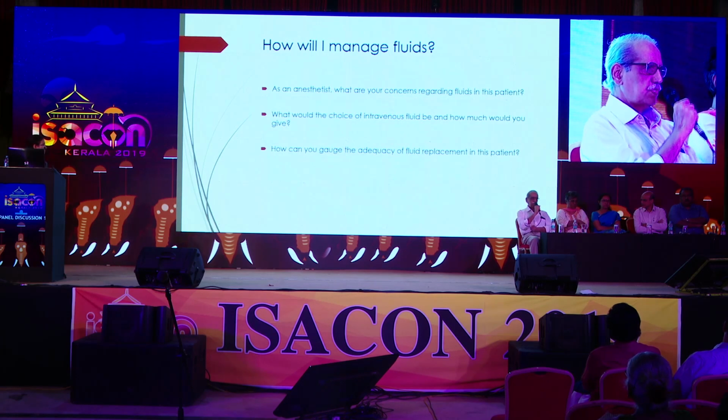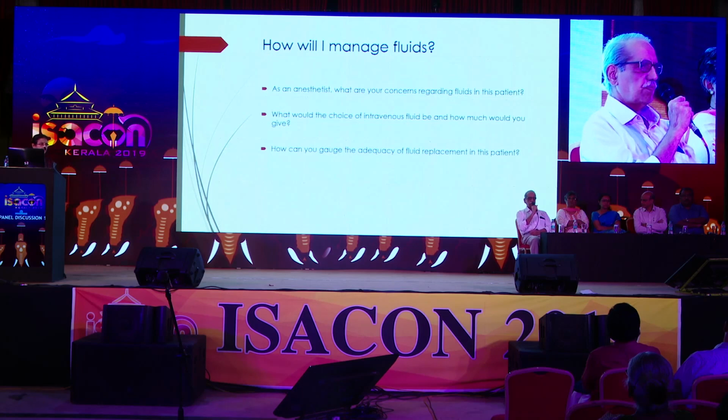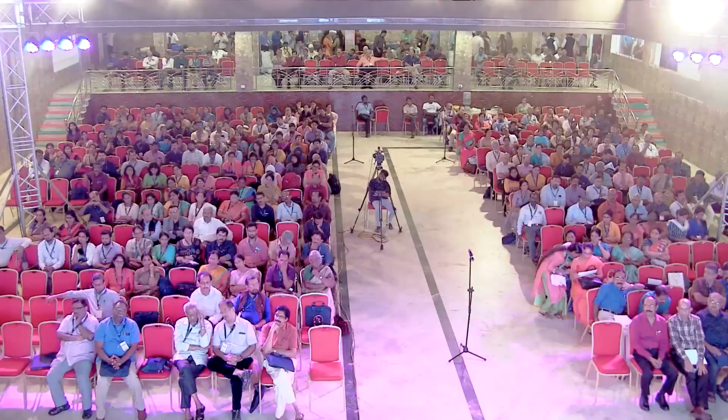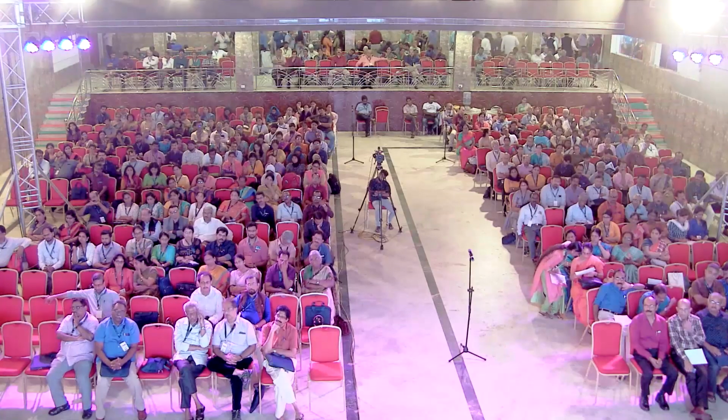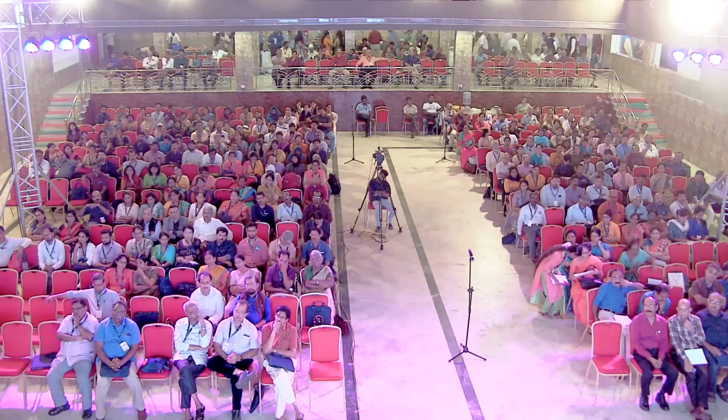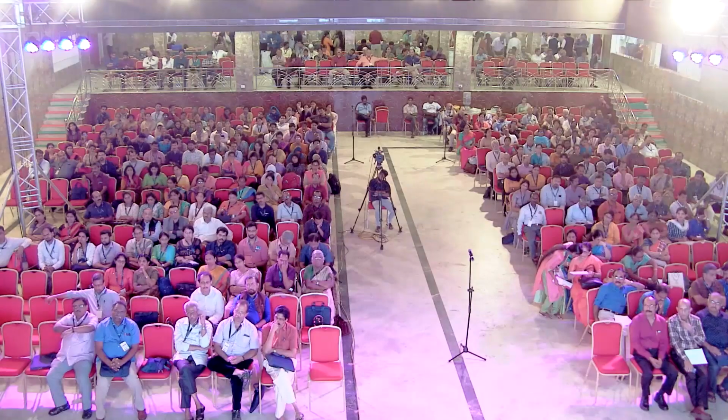The fluid in this patient will definitely be a crystalloid, but my choice will be an isotonic, chloride-poor balanced salt solution initially. How much should be given will be calculated according to the various parameters that I have.